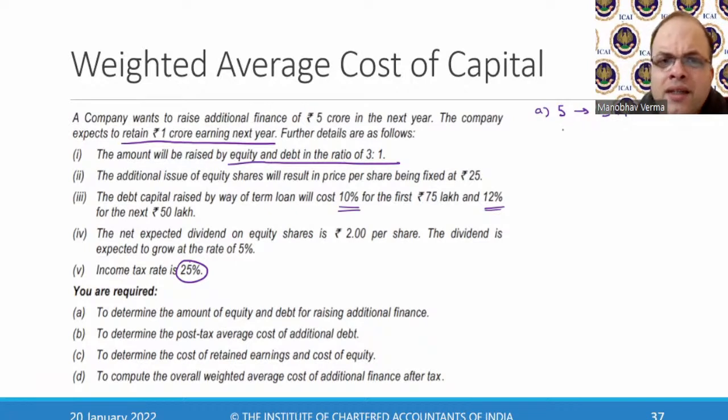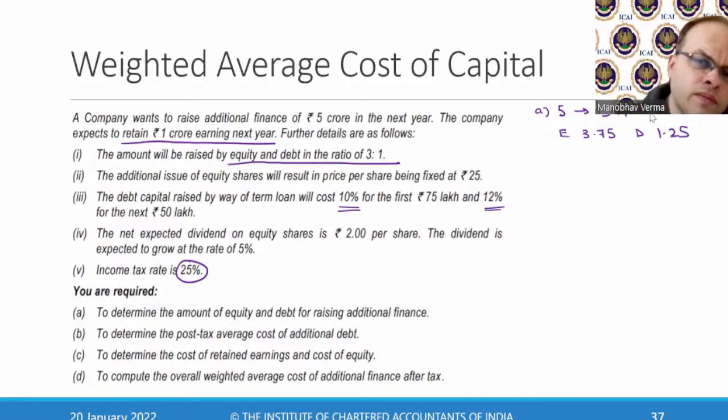So guys, does that mean that equity is 3.75 and debt is 1.25? Does that mean the same? Is everyone with me on this?